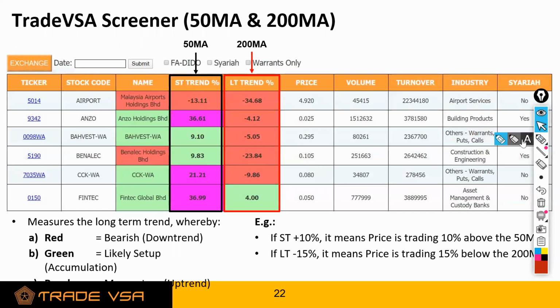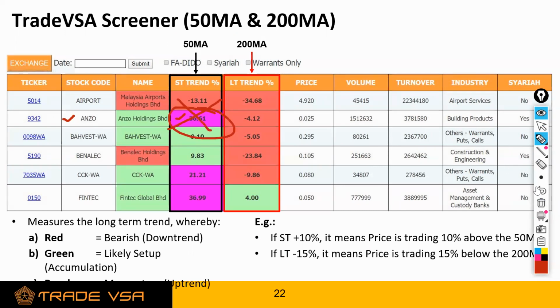Now let's go to the 50 and 200 MA. ST in the screener represents the 50 MA and LT represents the 200 MA. Now the percentage over here is not your profit target. I still remember one member asked me, Zach, Anzo shows 36%, which means in a short time I can get 36%?